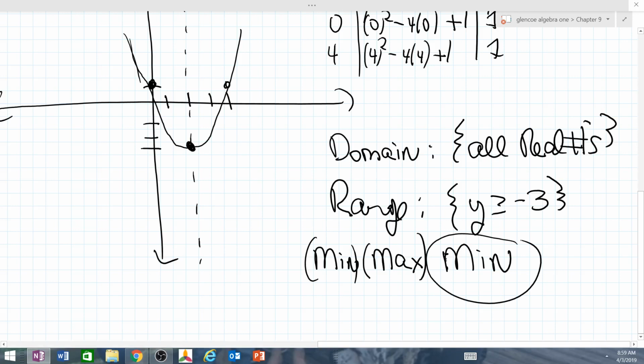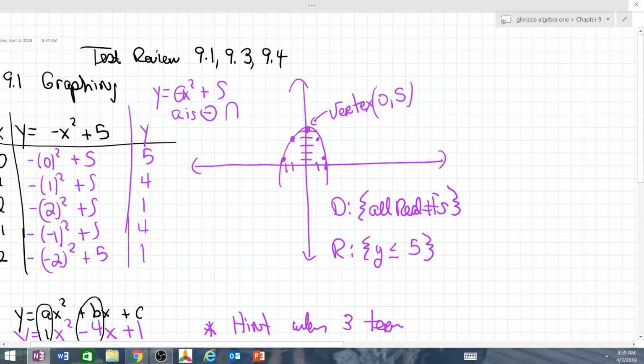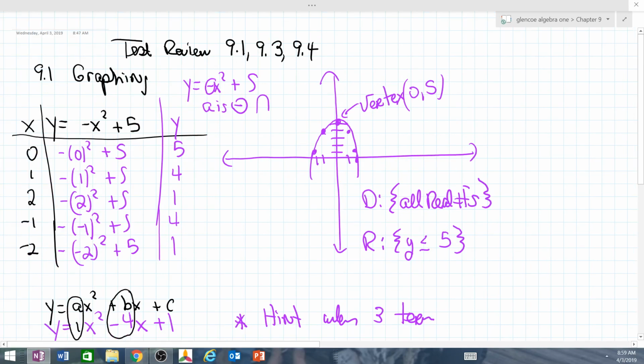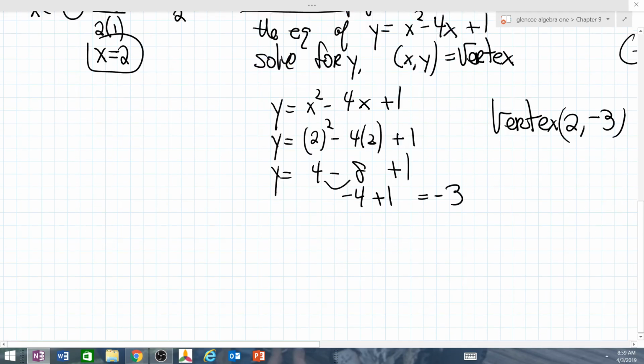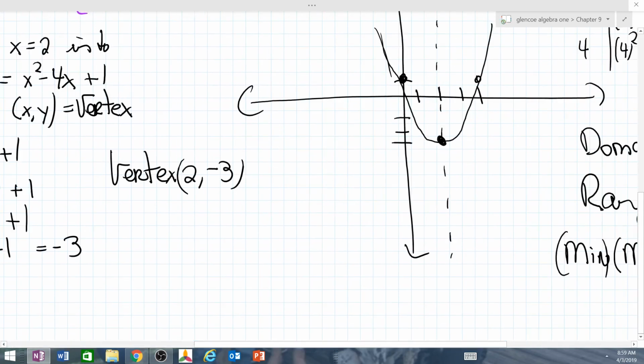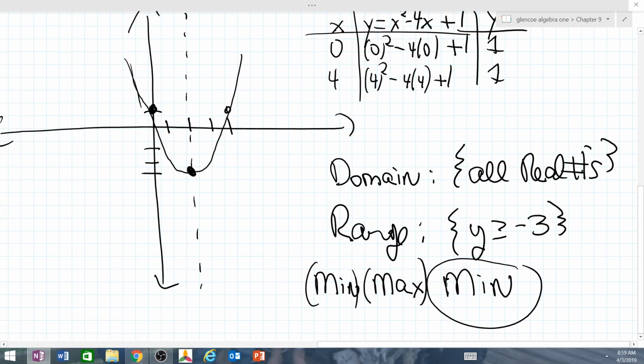So what we have covered in 9.1 are the following concepts: graphing, finding the axis of symmetry, finding the vertex, stating the domain and the range, and deciding if it is at a minimum or a maximum value.